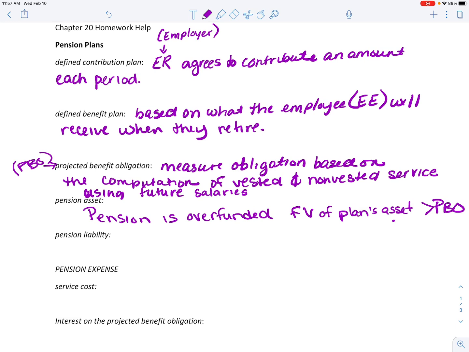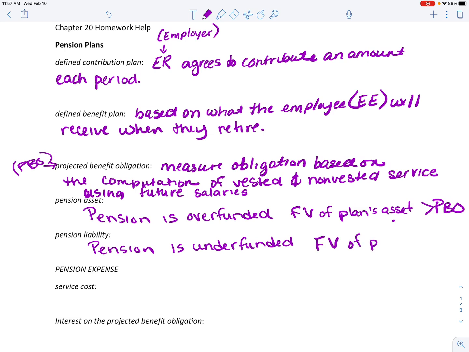This is in comparison to your pension liability. You have a liability if your pension is underfunded. And all that this means is that your fair value of your plan assets is less than your projected benefit obligation.